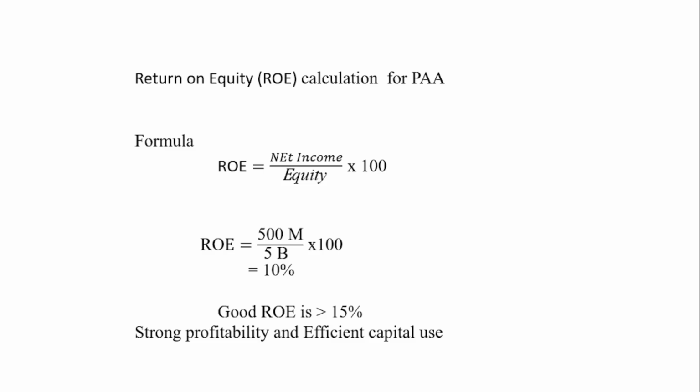As we know the formula, we put in net income of 500 million divided by equity of 5 billion. The result is 10%. A good return on equity is larger than 15%. So higher ROE means better management efficiency, and consistently high ROE is generally strong. But be careful: very high ROE can be inflated by high debt. Strong profitability and efficient capital use is what we look for.